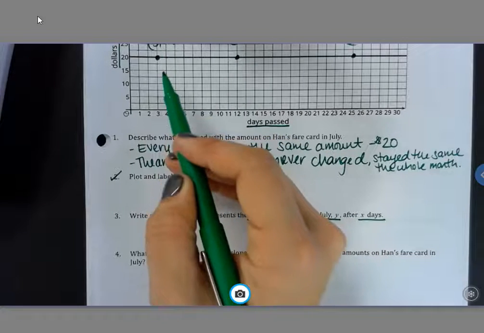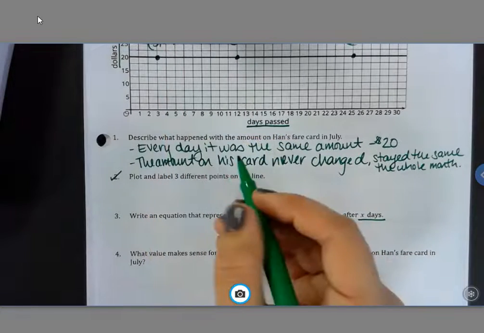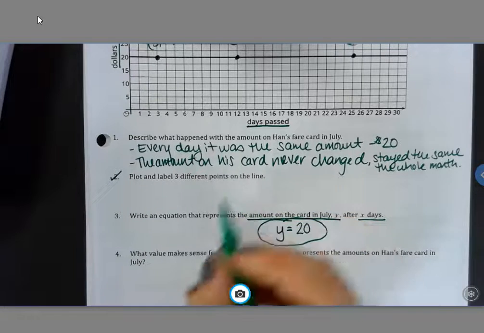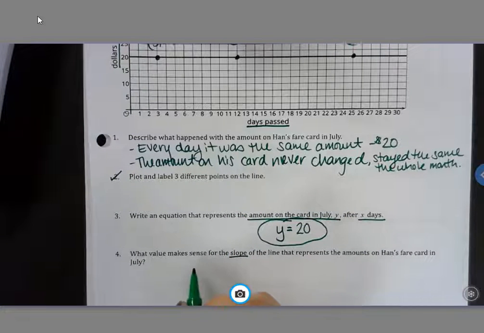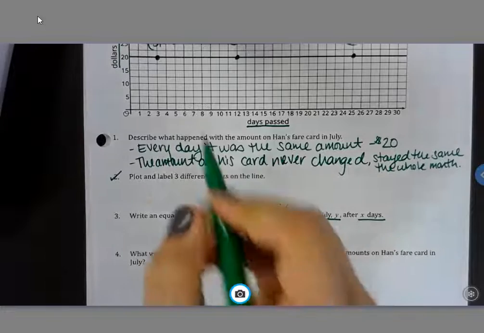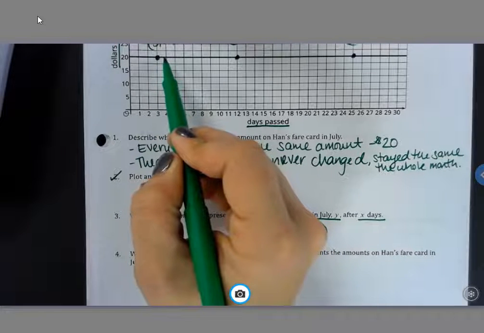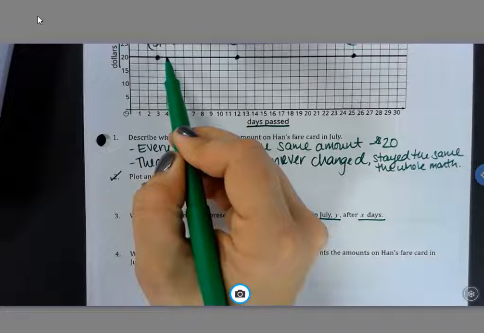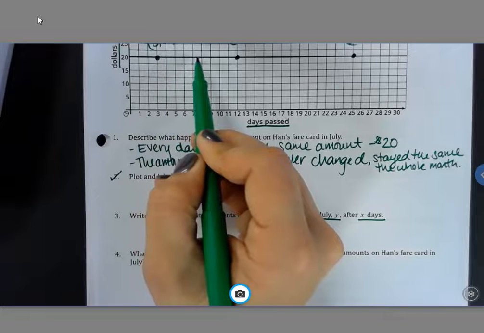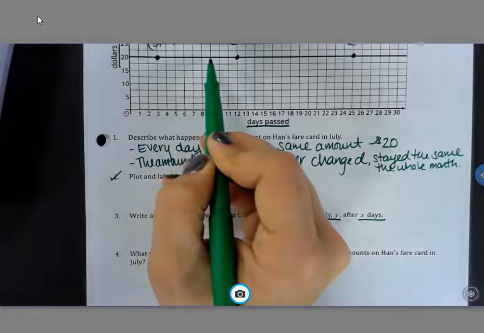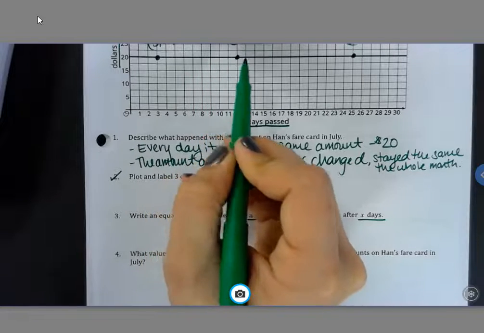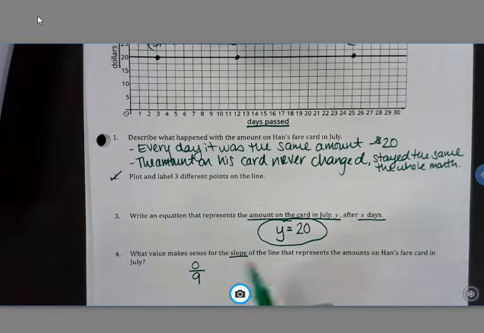I'm not going up and down on the y-axis at all. Now I could count the horizontal change. For my point, yours might be something different, it's going over 1, 2, 3, 4, 5, 6, 7, 8, 9. But remember, we always simplify.